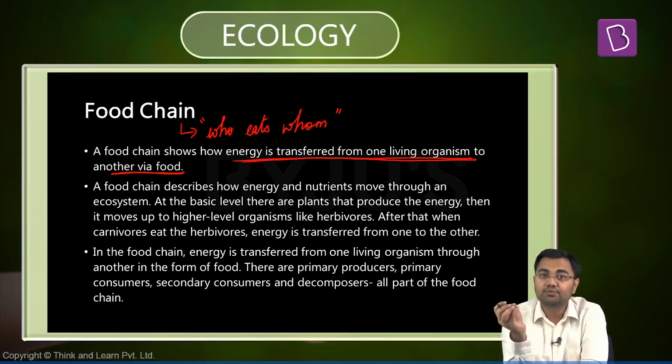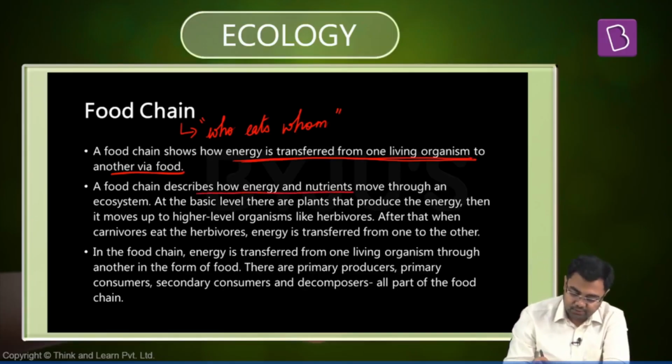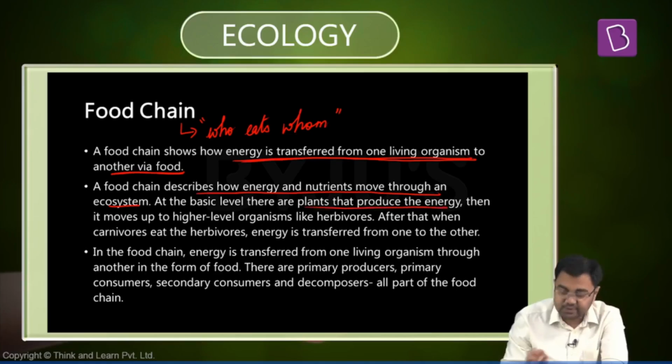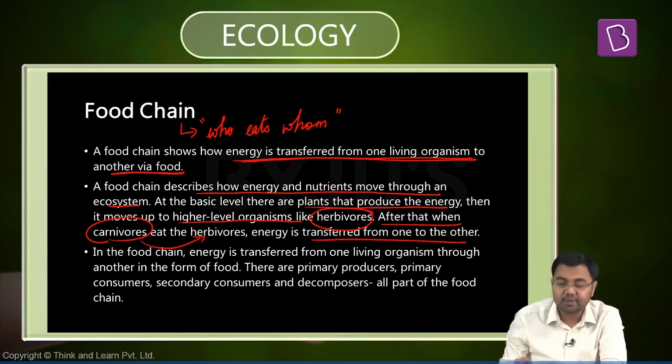So if I talk about a food chain, what we can say is that a food chain describes how energy and nutrients move through an ecosystem. At the basic level, there are plants that produce the energy, then it moves up to a higher-level organism like herbivores. After that, when the carnivores eat the herbivores, energy is transferred from the herbivores to the carnivores.